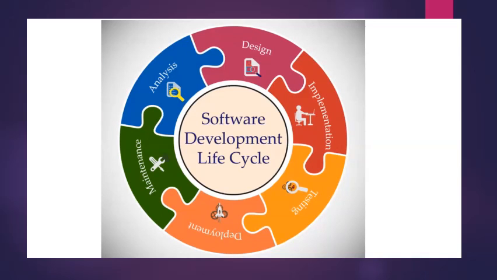So here, I told you this ABC company has a manual system. Now they want to replace it with this computerized system. There are 4 types of deployment: direct deployment, parallel deployment, pilot deployment, and phase deployment.